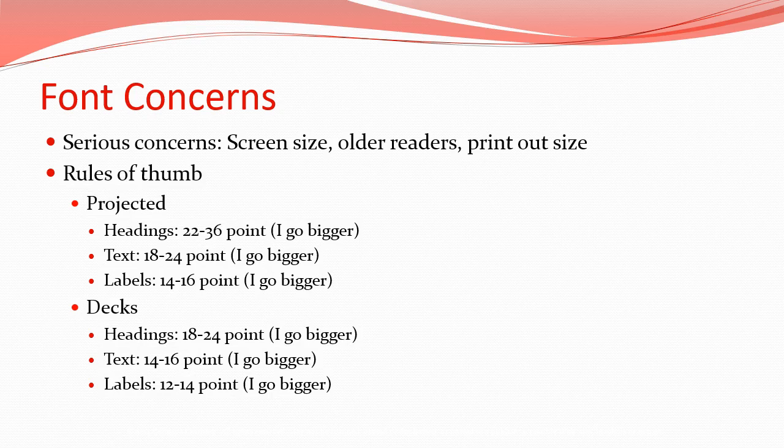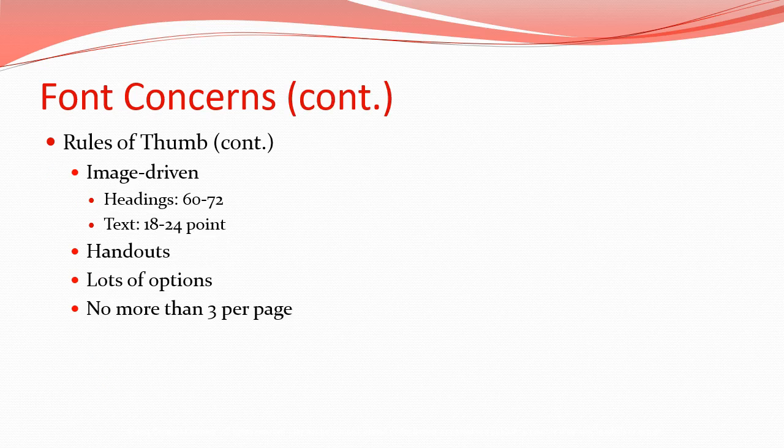And again, go big. These are not hard and fast rules, and I break them occasionally too. We'll talk more about that. These are best practices, not hard and fast rules. So you can see the suggested sizes for yourself.